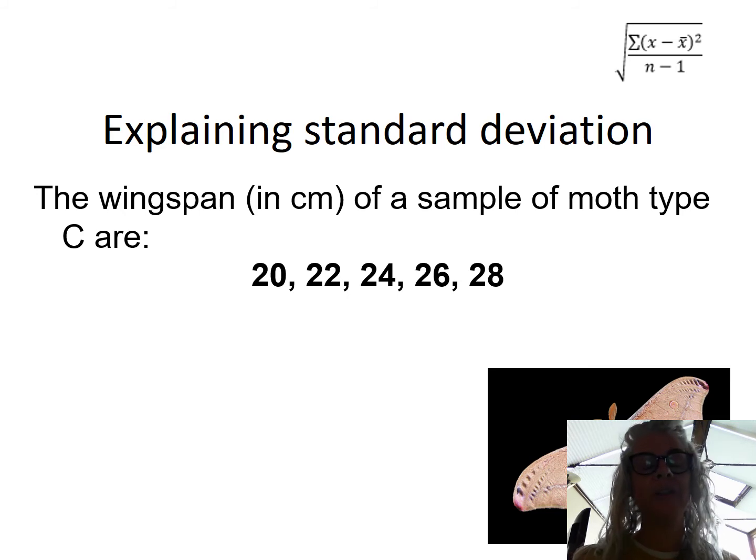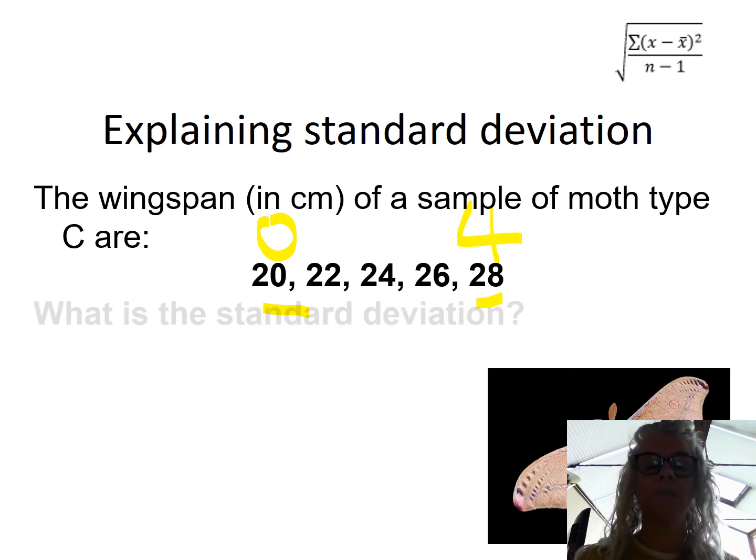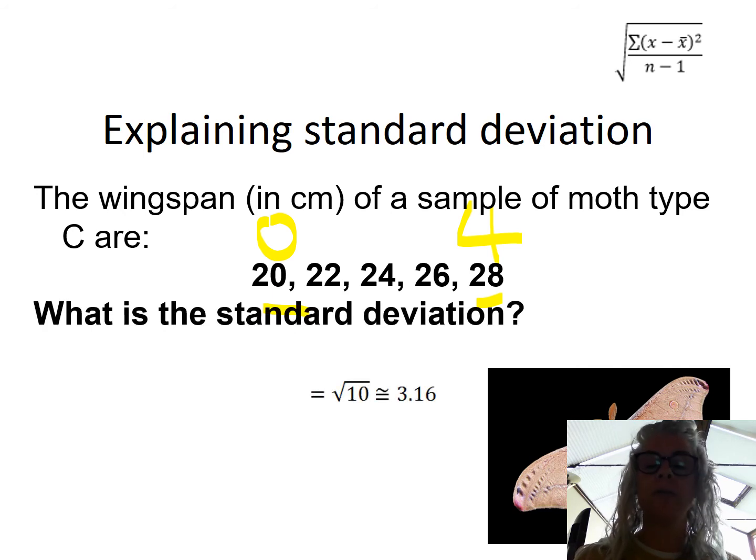Pause, have a think to yourself. Right, if you've come back, did you guess that the standard deviation is going to be double? Because the last set went from 0 to 4. This set goes from 0 to 8. So it's going to be double the standard deviation. You've got twice as much variation. So yep, there you go.